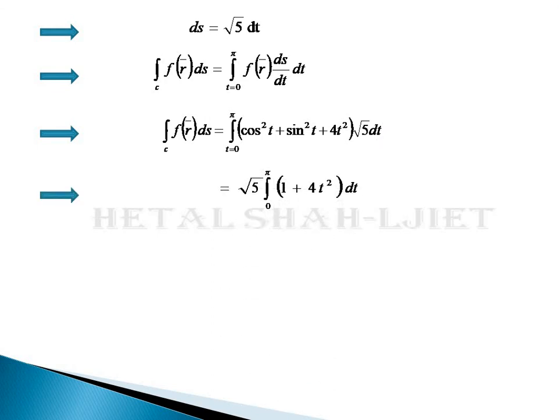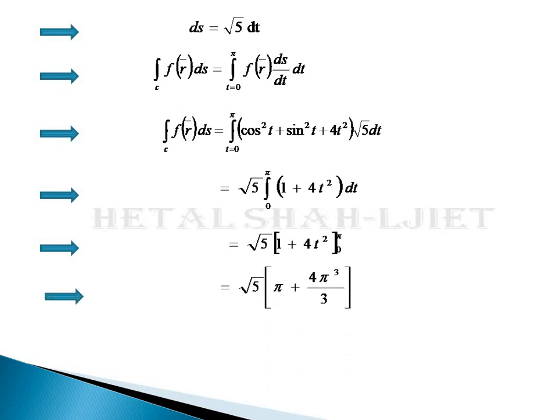Okay, so cos square t plus sin square t is 1, so 1 plus 4t square. This root 5 is constant, so we keep it outside the integration. Now by integrating this, we get t plus 4t cube by 3.